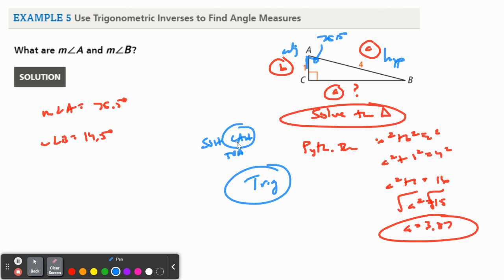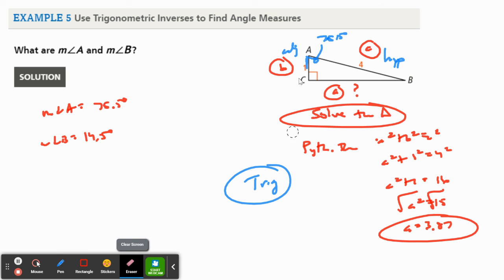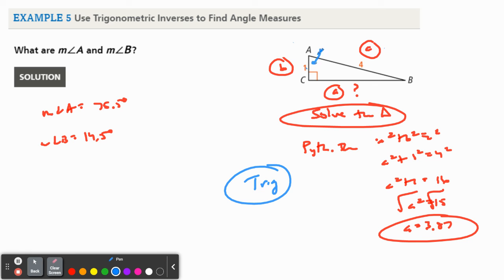Oh no, I'm sorry. I'm getting ahead of myself. What am I doing? I know those two sides. Excuse my haste. So from 75, right? I want to find the opposite side. So again, let me start over again using trig. Sorry about that. This is 75.5 degrees.